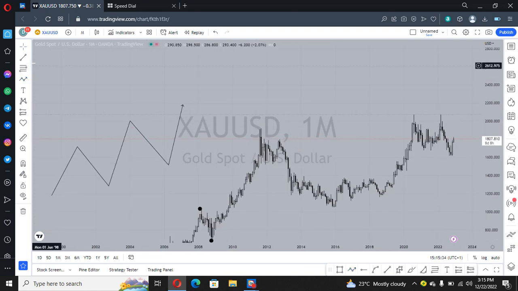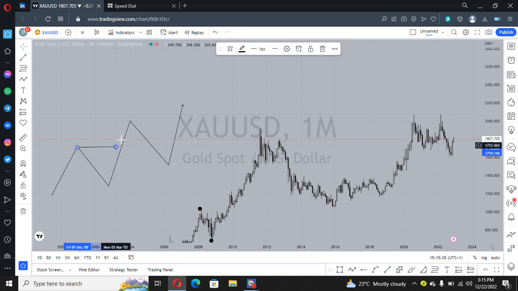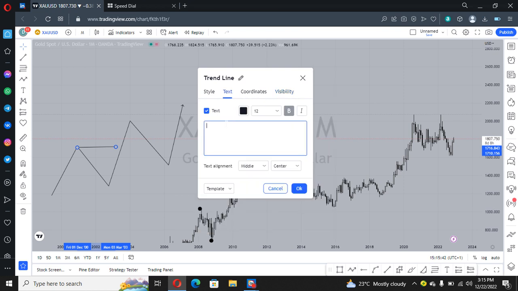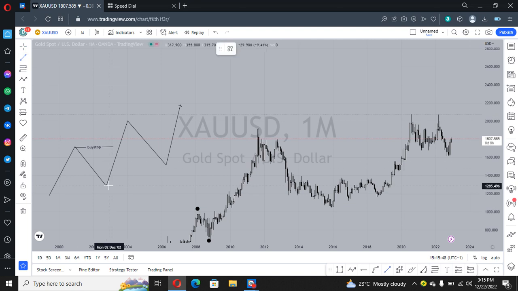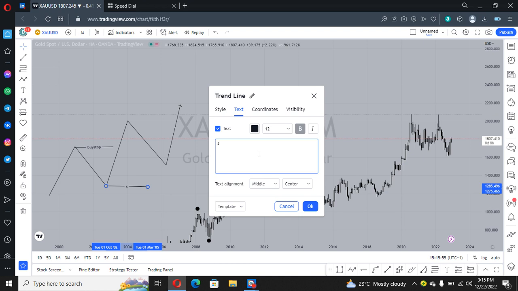Every high has a buy stop, which means there is a stop resting on those highs, and every low has a sell stop. So we level the high as buy stop, and then we level the low as sell stop. For the market to be bullish, sorry for repeating the same stuff, every sell stop will be protected and then the buy stop will be taken out.